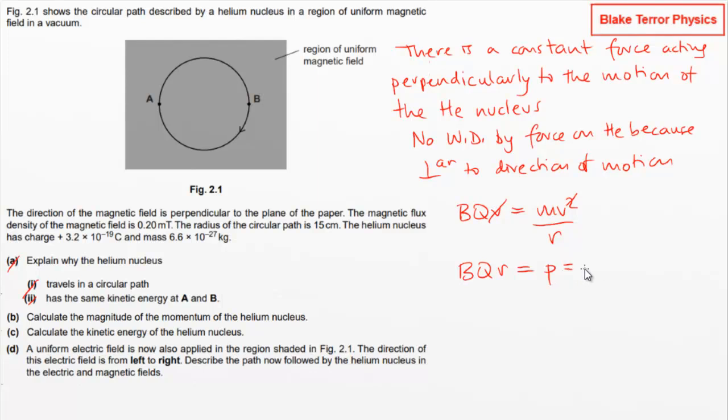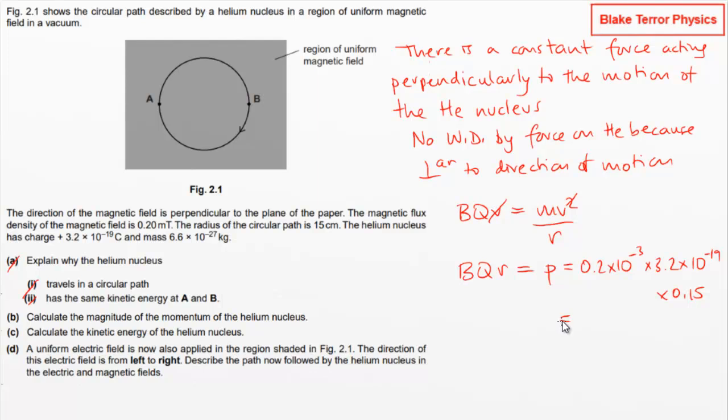So what is all of this? We've got B, which is 0.2 times 10 to the minus 3. Q is 3.2 times 10 to the minus 19. And then we've got R, which is 15 centimeters, so 0.15. So that's going to give us our momentum.